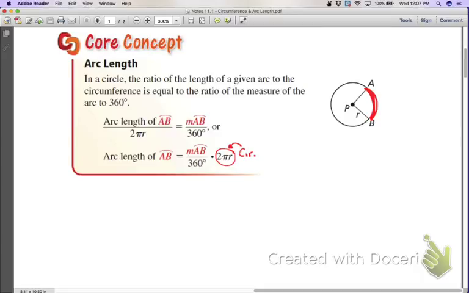It's like if we cut the middle out and we cut out this piece of pizza, pie, cake, whatever you want to think about that's circular. If you want to know how long the length is here, it's 360 degrees all the way around. You're going to take that arc angle, divide it by 360, and then multiply it with the circumference length.